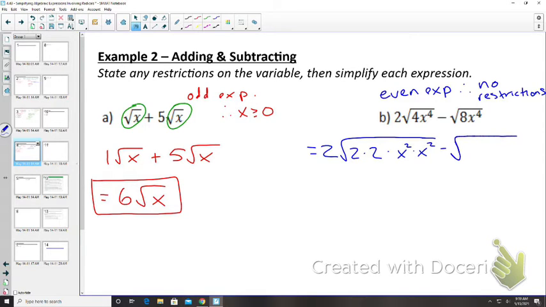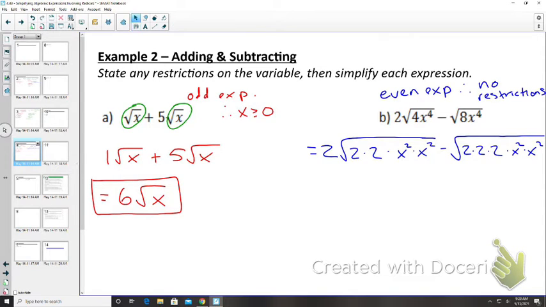Minus, how do we get 8x to the 4th? Well, 2 times 2 times 2 is equal to 8, multiplied by x squared, multiplied by x squared, right? 2 times 2 is 4, times x squared is 4x to the 4th, minus 2 times 2 times 2 is 8, times x squared is 8x to the 4th.